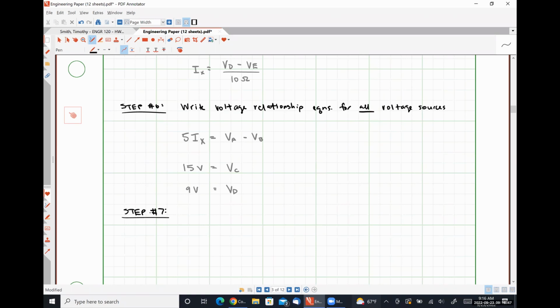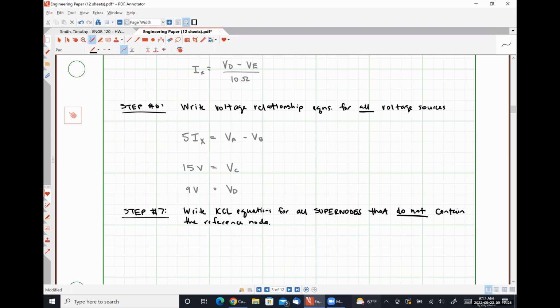So step number 7 is going to be: write KCL equations for all supernodes that do not contain the reference node.